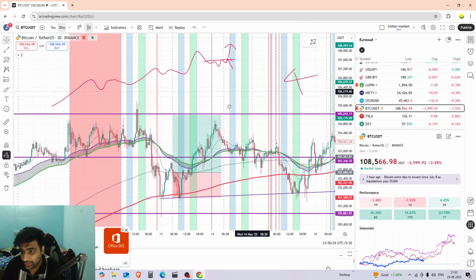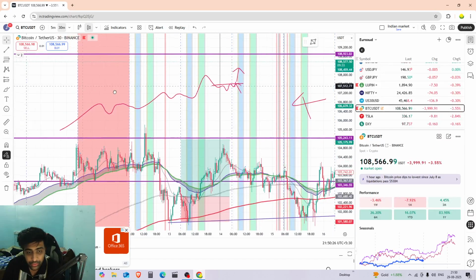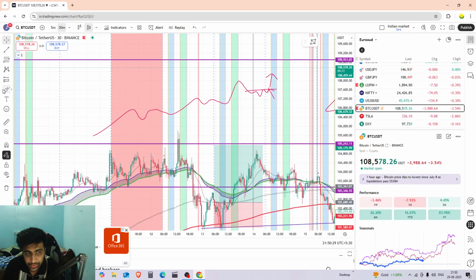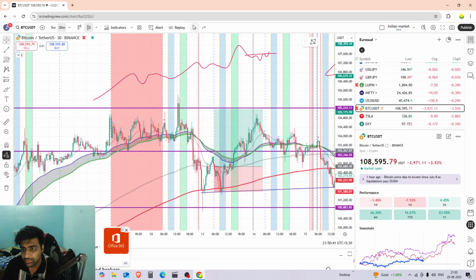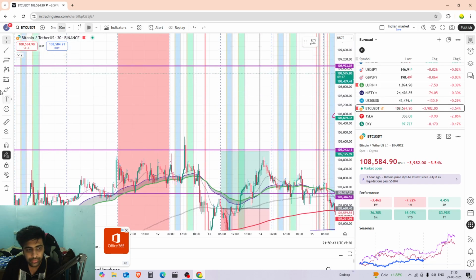I hope you guys got the setup. So this is the uptrend and this is the 300 moving average. Wait, I'll draw the 300 moving average separately. Let me show you. Let's say this is the market and this is the uptrend. So the market usually goes like this, right?